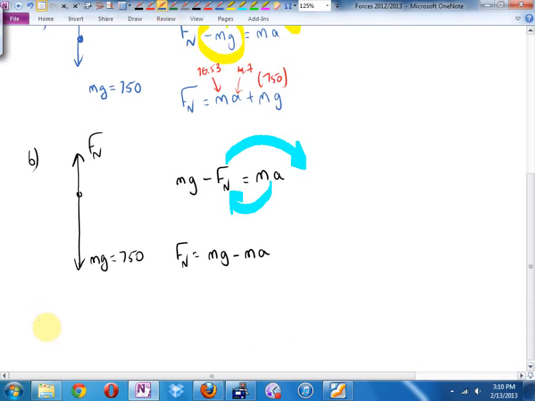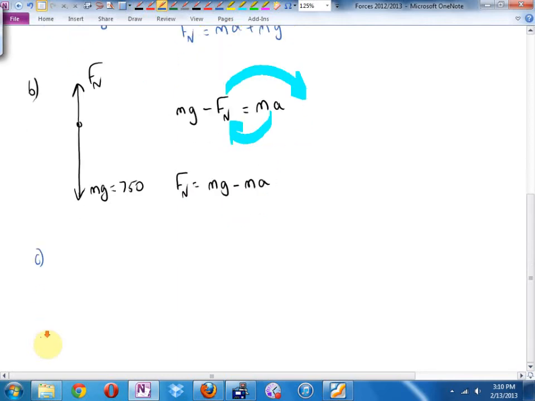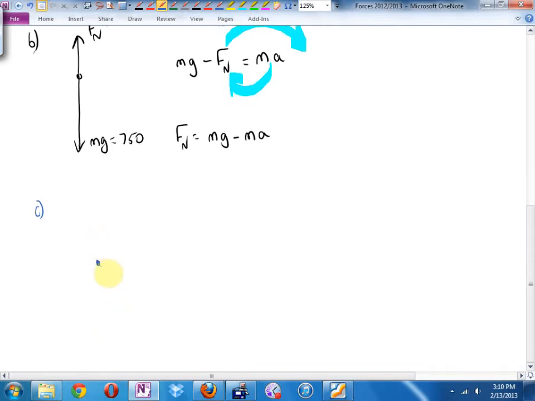What are the forces acting? Get the obvious one. Normal force up. Now, we're going to find out, as it turns out, that the normal force is 0.